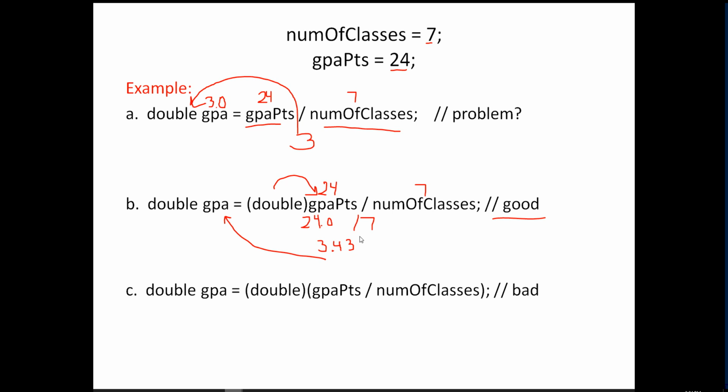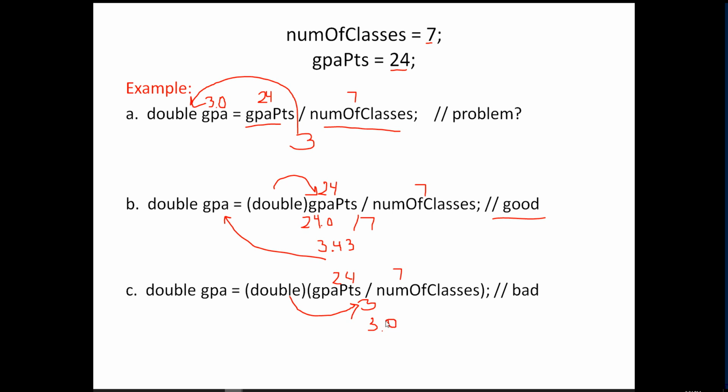Now let's see where it could be bad, because let's say you decide, well, I'm going to put parentheses around the quotient down here. So you have 24 divided by 7, which is 3. And then you do the cast operator double on the 3. Now it becomes a 3.0.